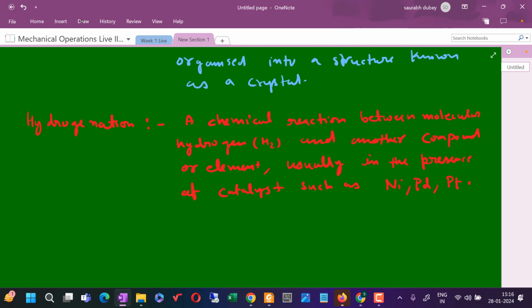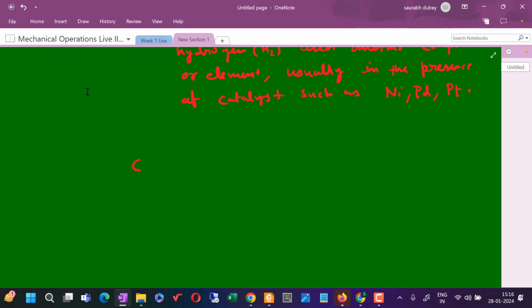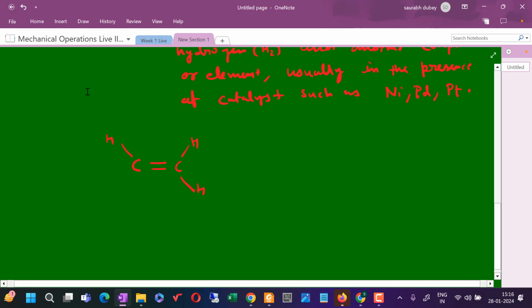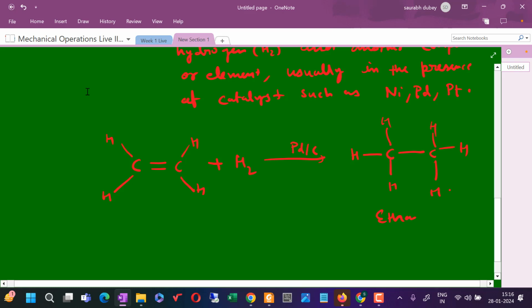For example, if I want to write a hydrogenation reaction, it will be C double bond C with H H H H combined with hydrogen in the presence of, say, Pd supported on carbon, which will give ethane. Okay, so ethane from ethene.